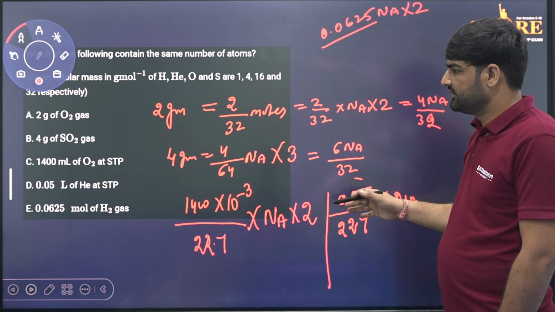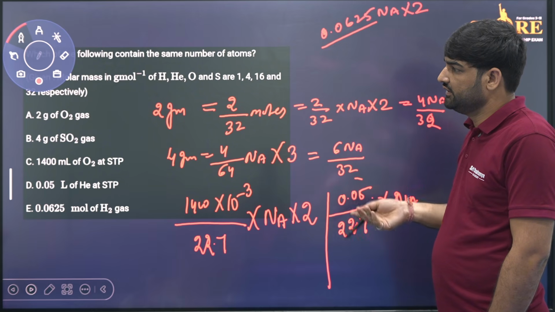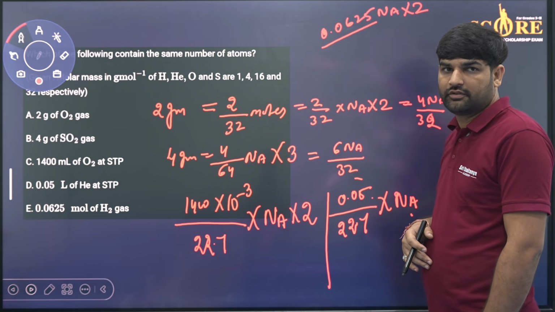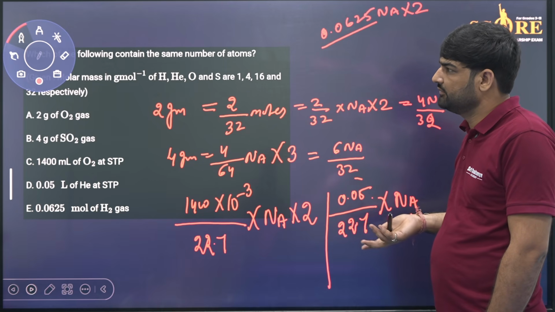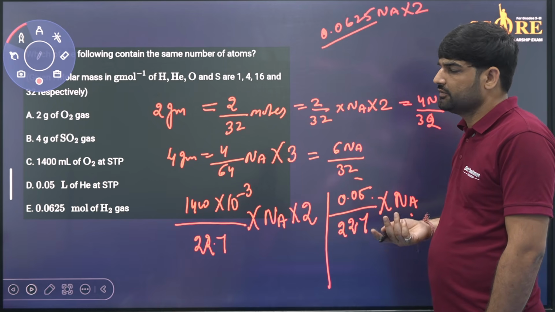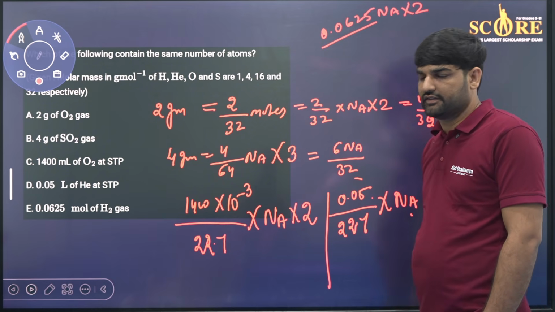So by this we can calculate in each case what is the number of atoms, and then we will find in which of the following cases the number of atoms is the same, then we will decide.